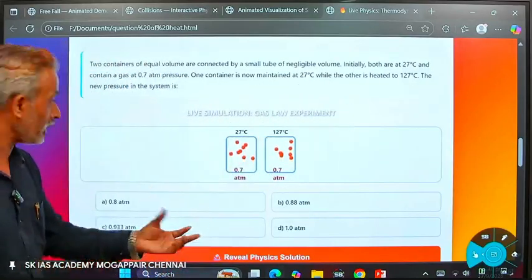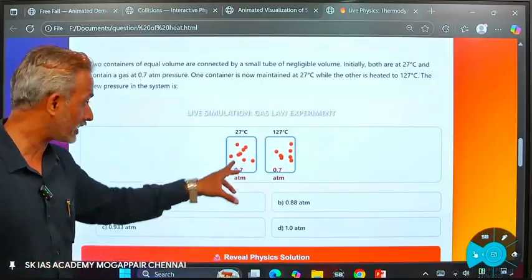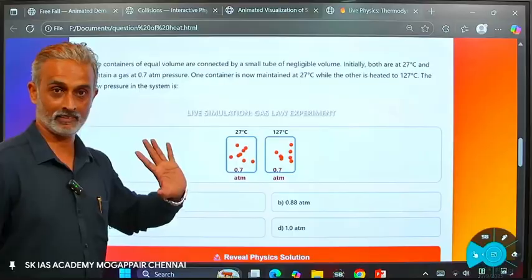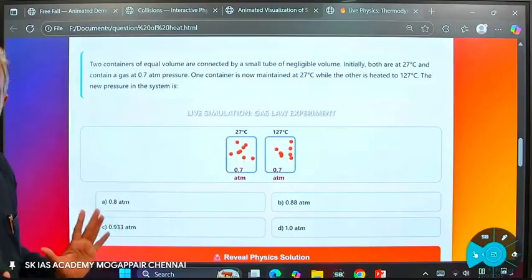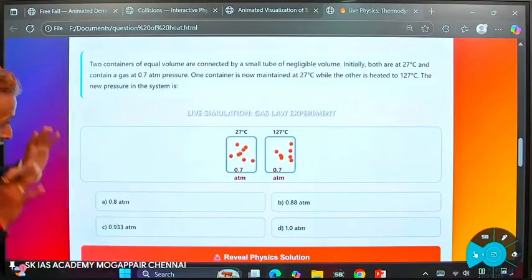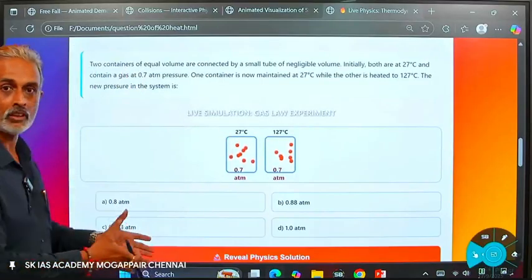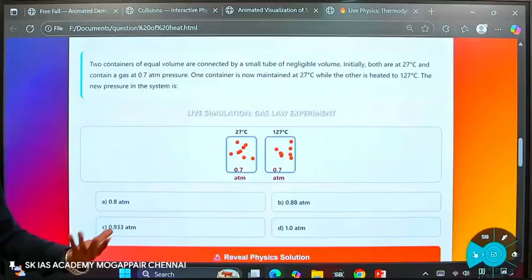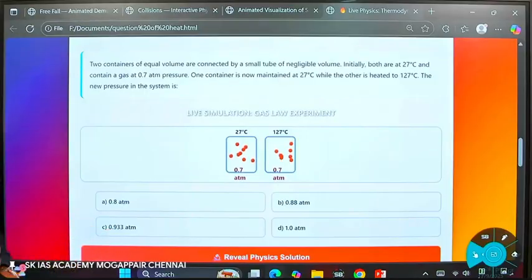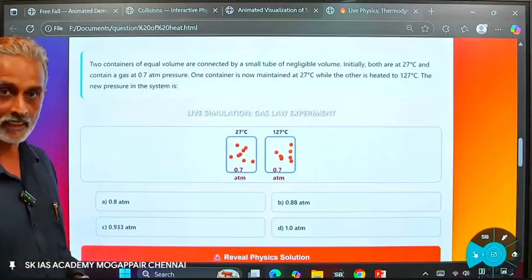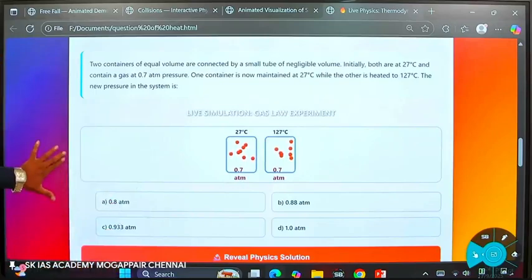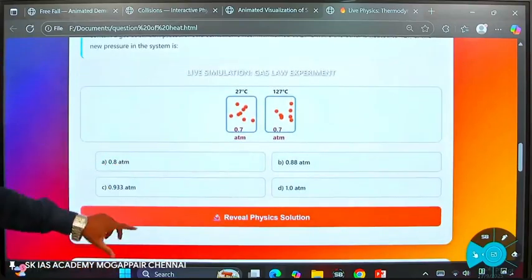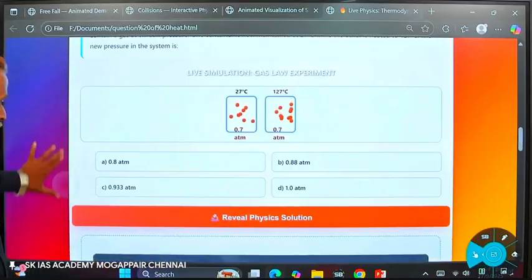Inside the tube, how are the molecules reacting? This is our IIT question. But I have converted the IIT question into live. Why live? It is easy to solve. Correct? Understand? And there are four choices, and the solution is there.